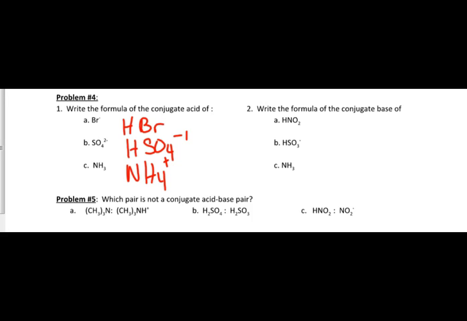So look at number 2. It says write the formula for the conjugate base. So that means we need to take a proton away. So HNO2, taking that proton away, now becomes NO2 negative. B, HSO3, again, taking the hydrogen ion away, the answer would be SO3 2 negative.